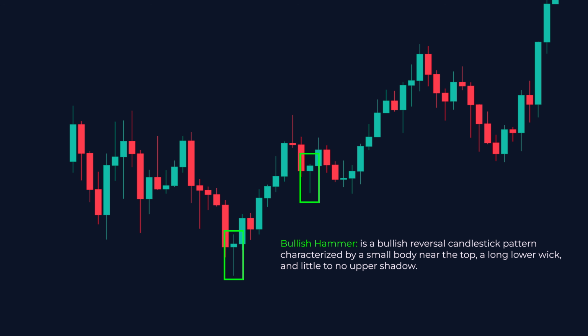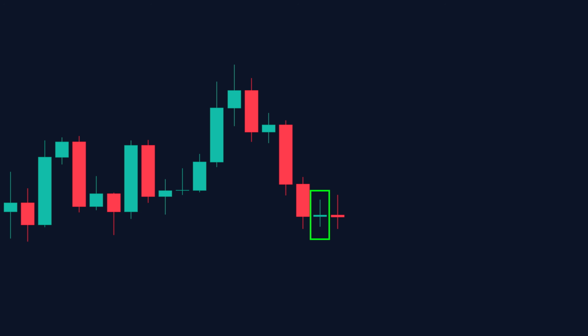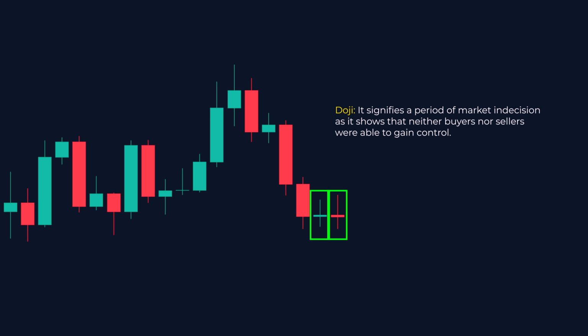A hammer candle can signal that buyers stepped in strongly after sellers pushed price lower, potentially hinting at a reversal to the upside. A doji forms when the open and close are nearly the same, signaling market indecision. This often happens when buyers and sellers are equally matched and neither side has full control.